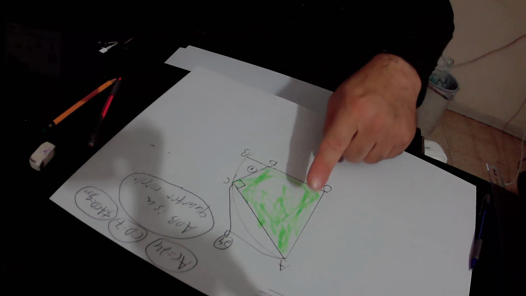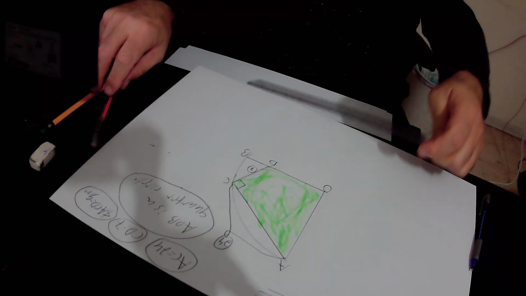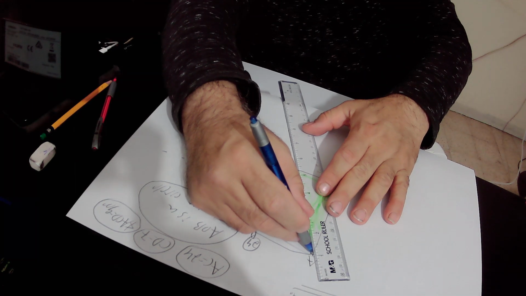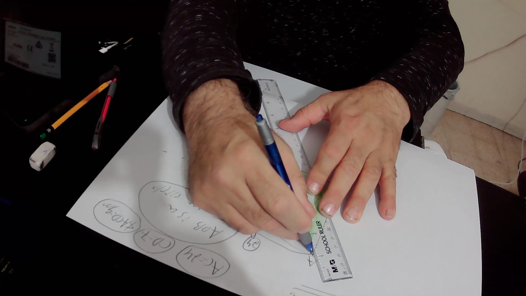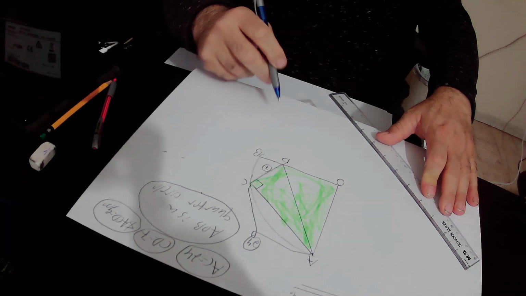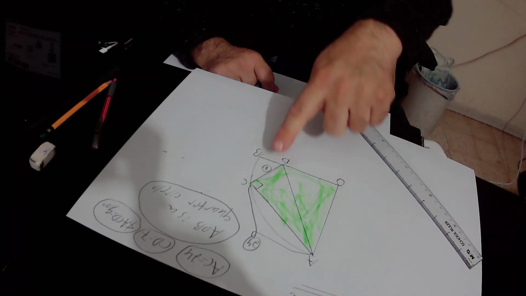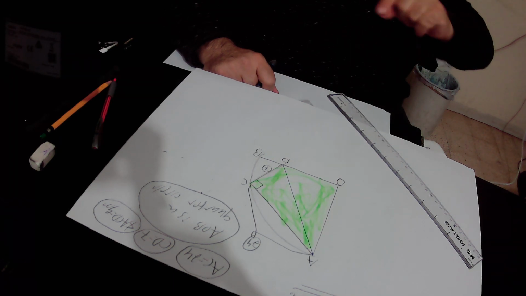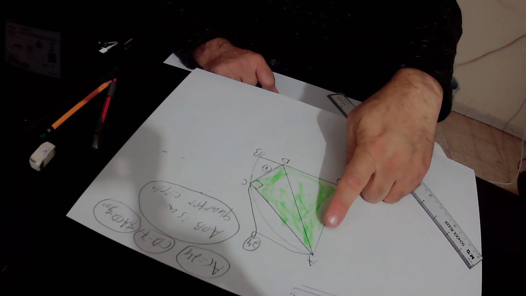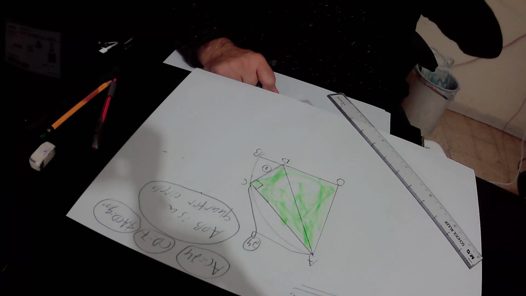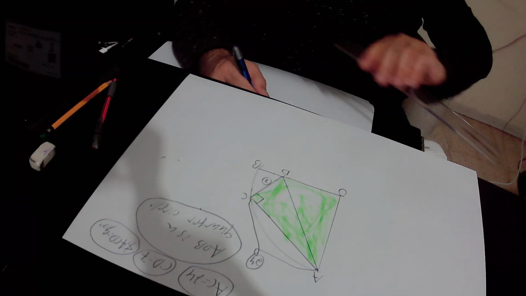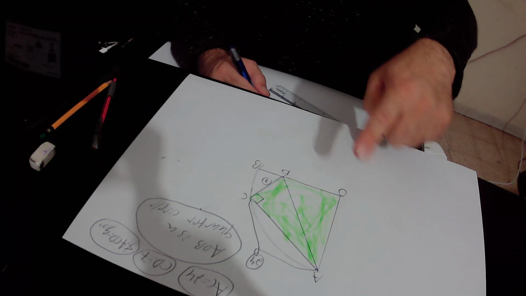In the second method, we join points A and D together by a straight line. By joining points A and D, we created the right triangle ACD. We calculate the length of the hypotenuse AD in the right triangle ACD. So I copy the right triangle ACD, new page, and find the length of the hypotenuse AD.